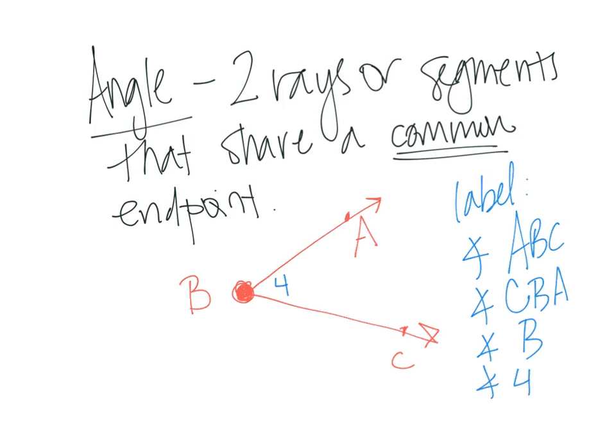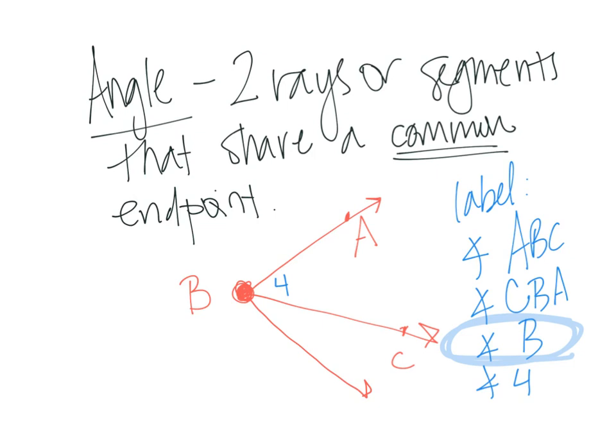Now I'm allowed to call this one angle B, but I can't always label it by just a single letter. There are instances that come up a lot where I can only label it with 3 letters. If I were to go ahead and add another ray off of this, angle B is now having B as the common endpoint of more than one angle.